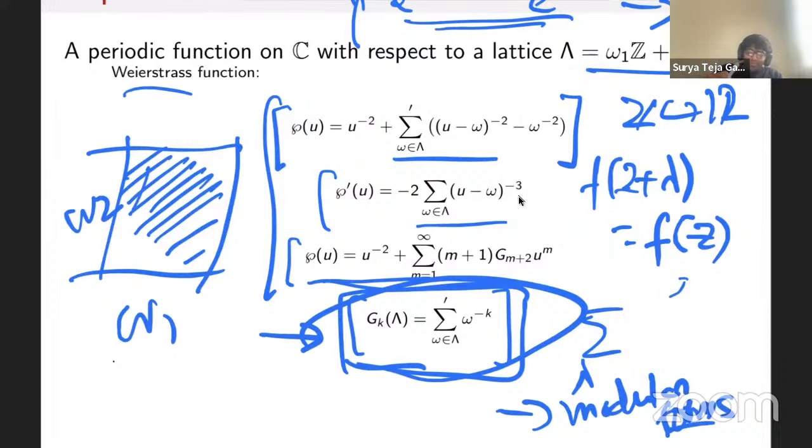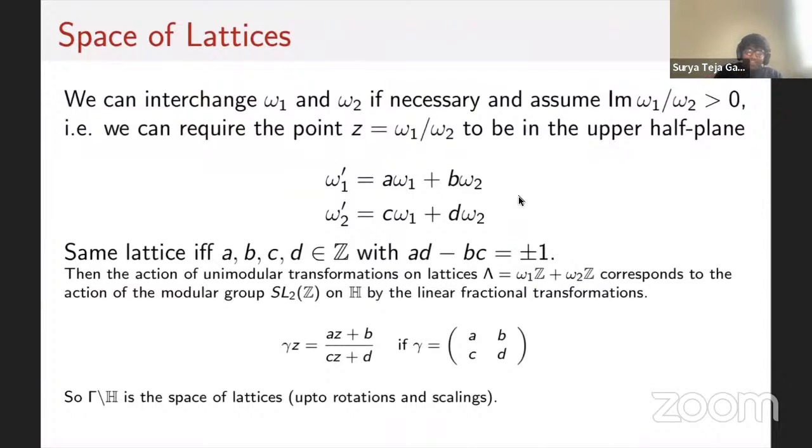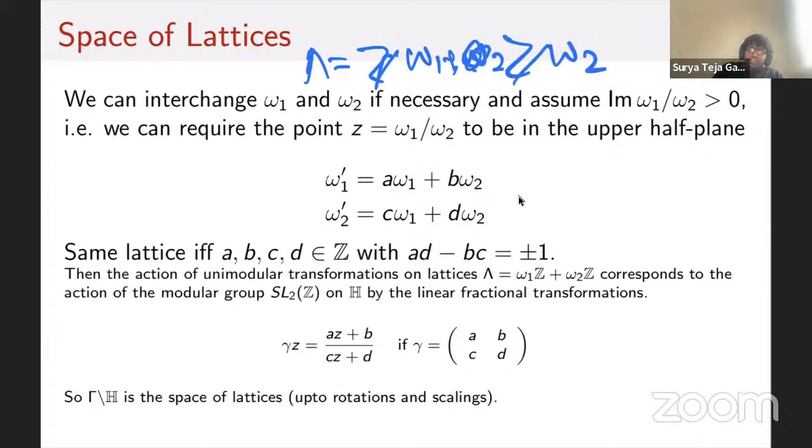So this is one case where historically we found modular forms. We'll talk more about it. The way to think of these things is this: how do you parameterize lattices? If I have a lattice, I'm calling it gamma, with basis W1 and W2, I can assume the imaginary part of W1 over W2 is positive.